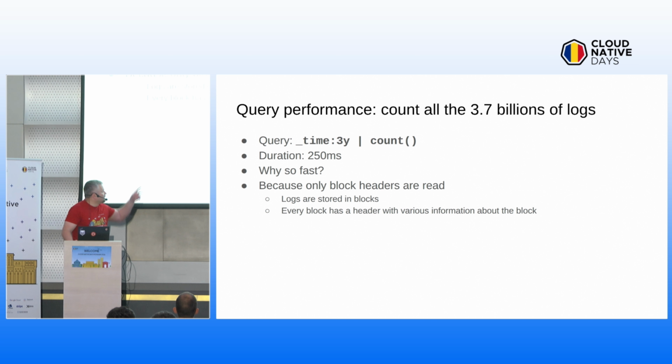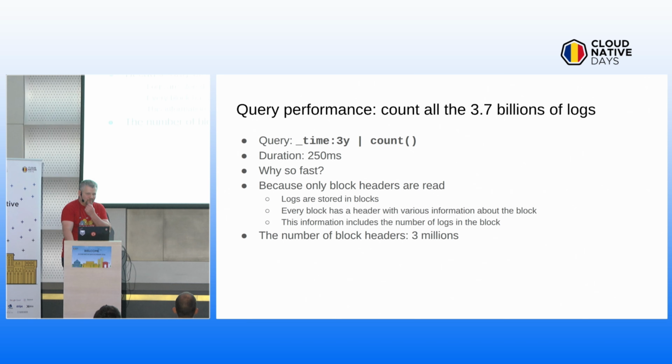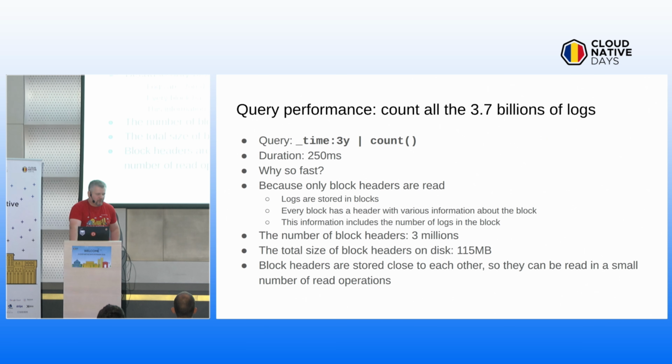So in order to execute this query, VictoriaLogs just needs to read the block headers, and the number of such block headers is 3 million in this case. The total amount of data which needs to be read is slightly more than 100 megabytes. And these block headers are stored close to each other on disk, so they can be read in one go in a small number of disk read operations. That's why the query is so fast.